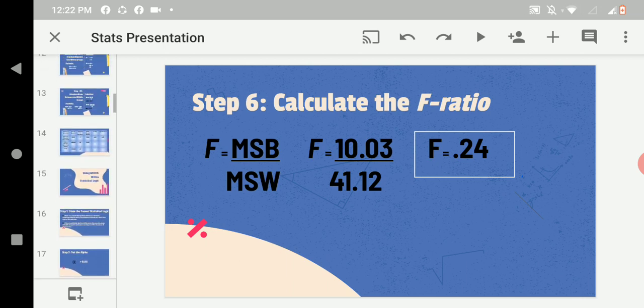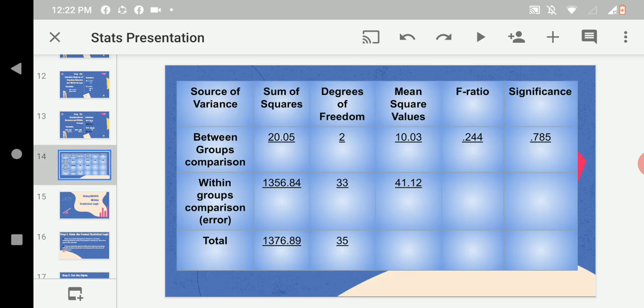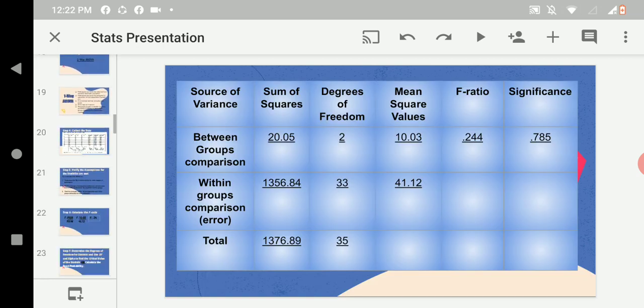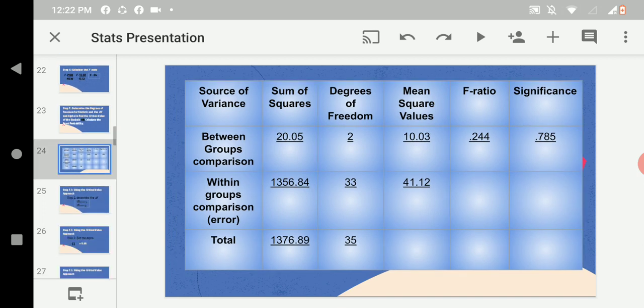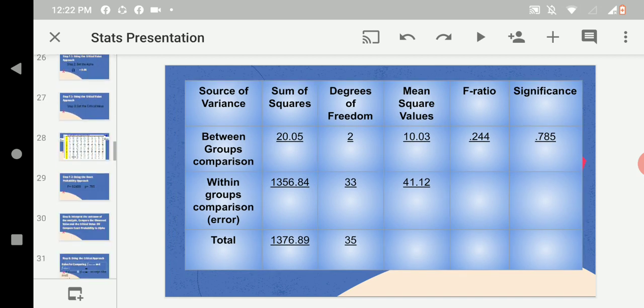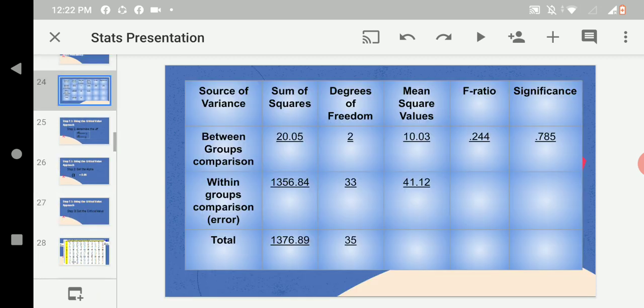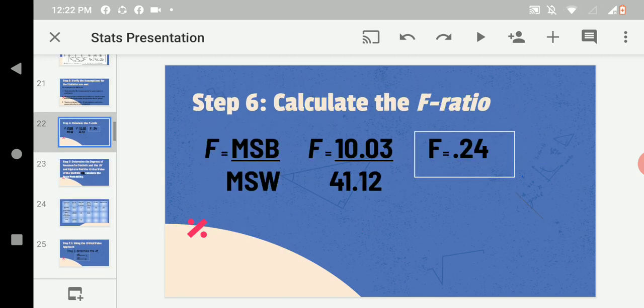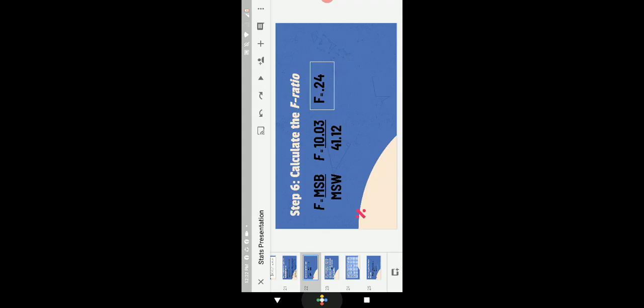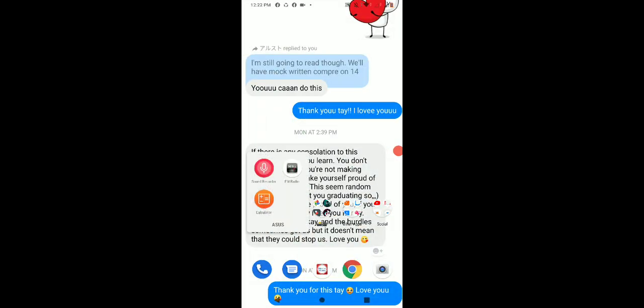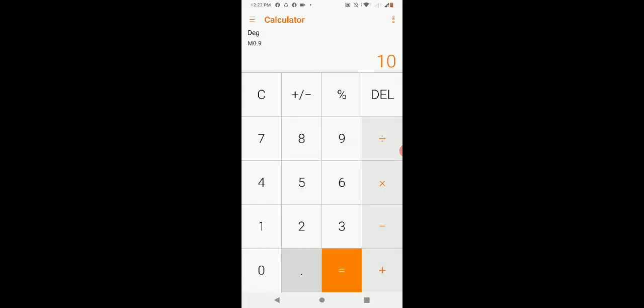A while ago, you observed that there was a 2.44. So we have to validate if my answer is correct. That is 10.03 divided by 41.12.